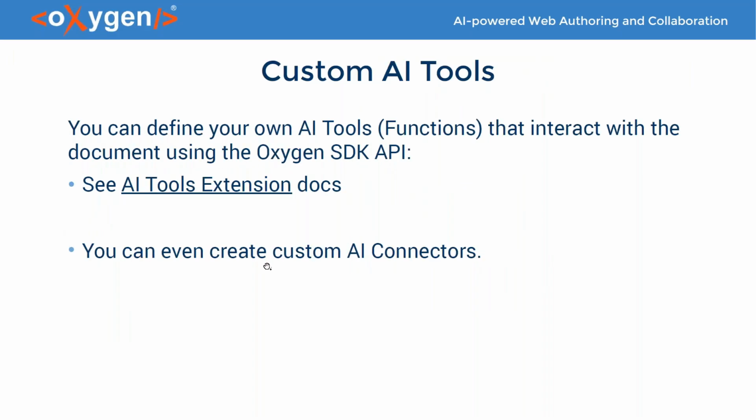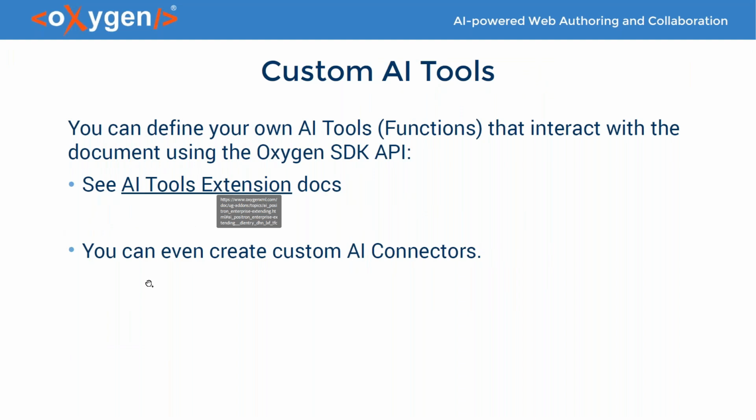Besides the custom AI actions, you can extend AI Positron by defining custom tools and even custom connectors. Here is a link to the documentation page that explains how you can do this.